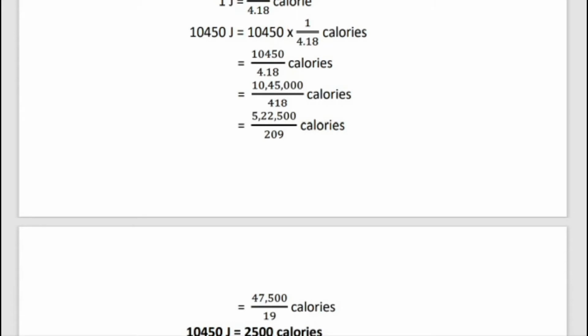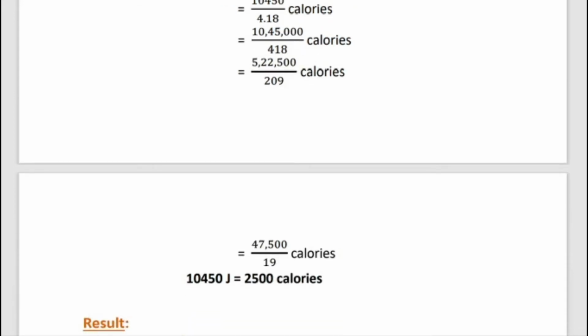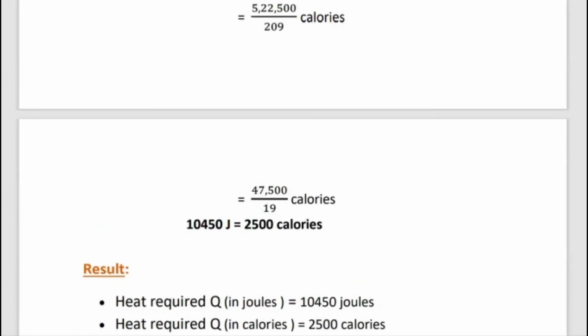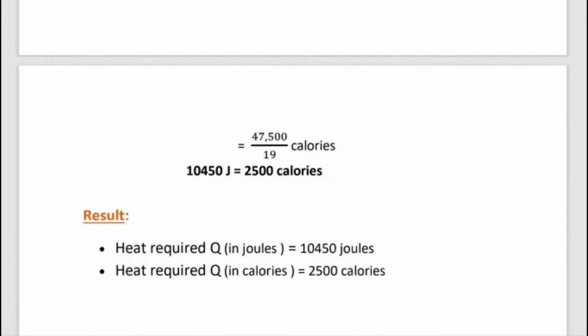We can cancel the numerator and denominator by 2, and we get 5,22,500 divided by 209. Dividing by 11 in the 11th table, we get 47,500 divided by 19 calories. 47,500 and 19 are both divisible by 19, so 2,500 is the answer.